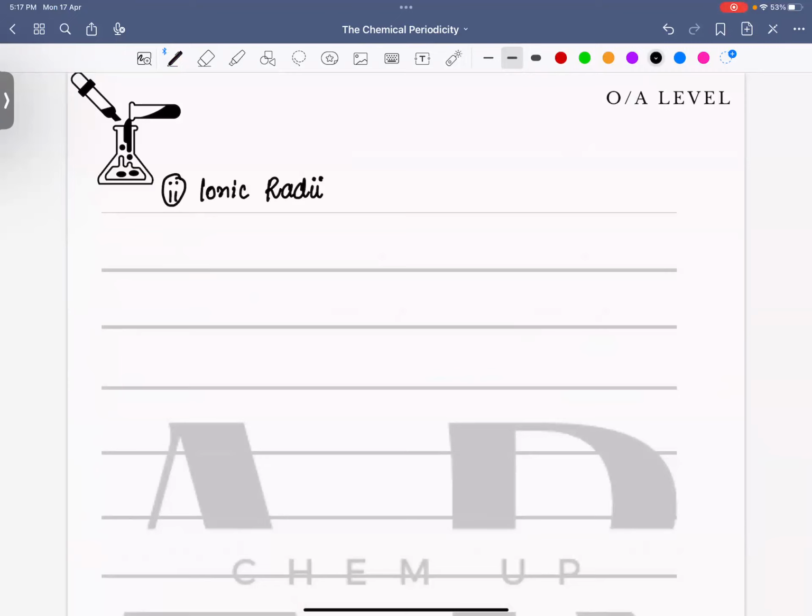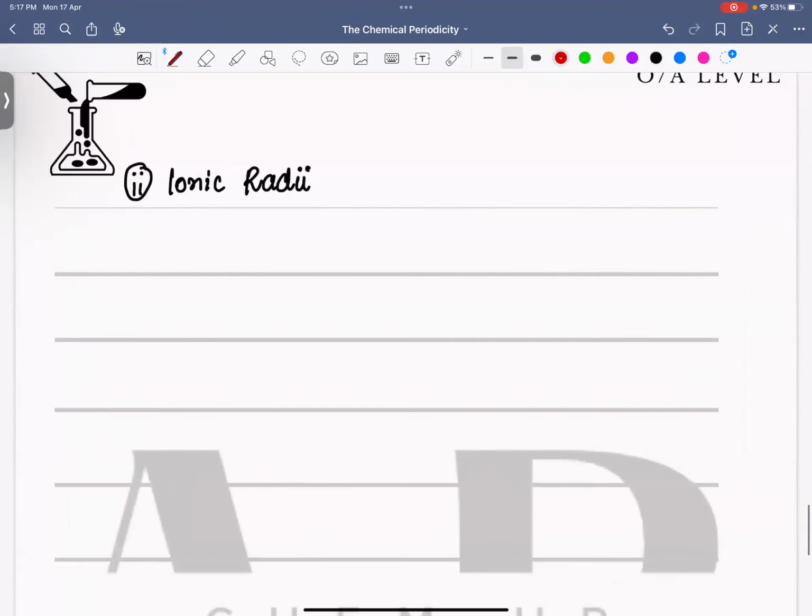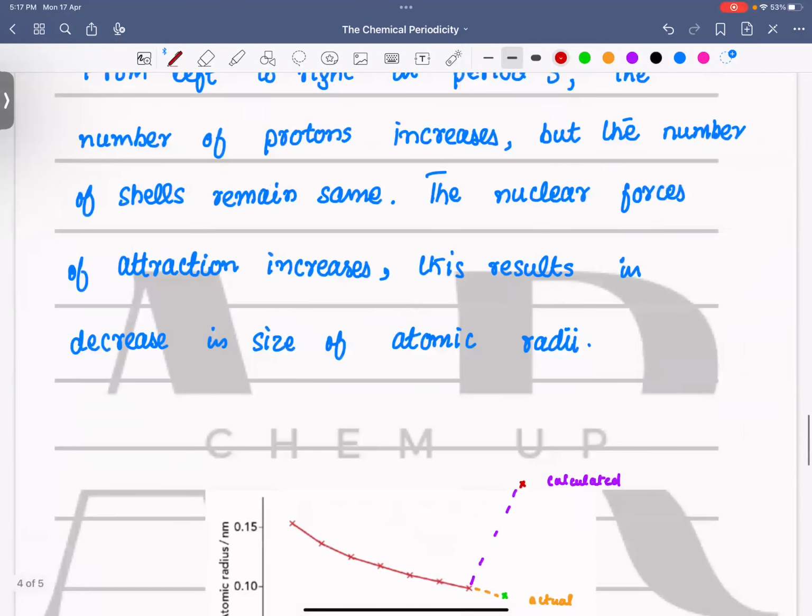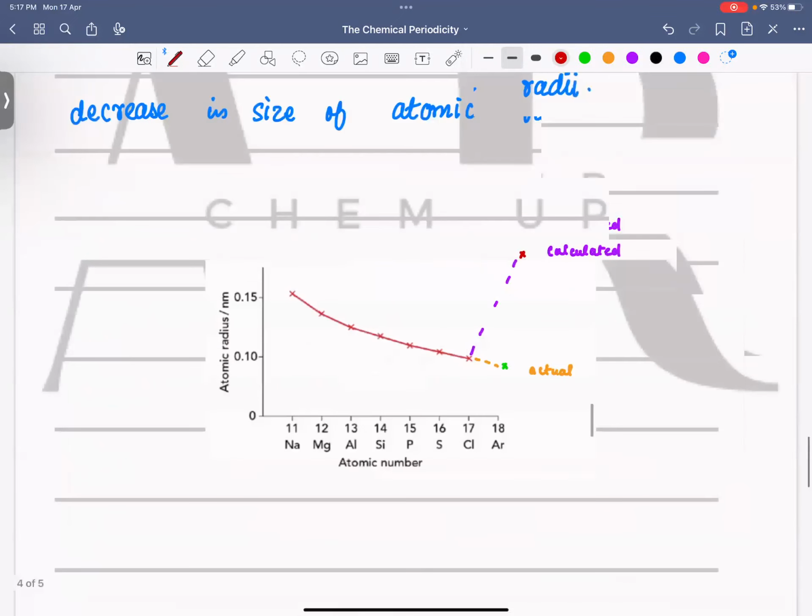Ionic radii. So now I'll write the ions of the period 3 elements.